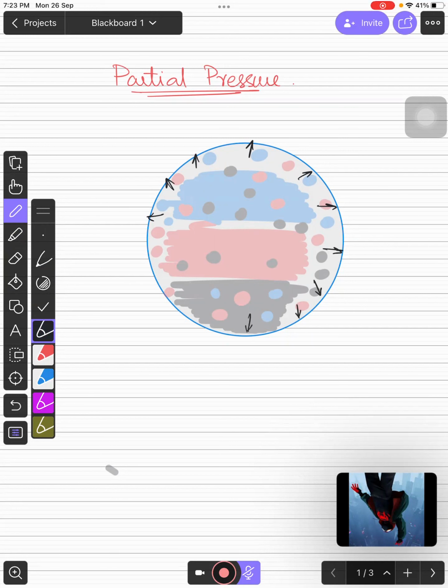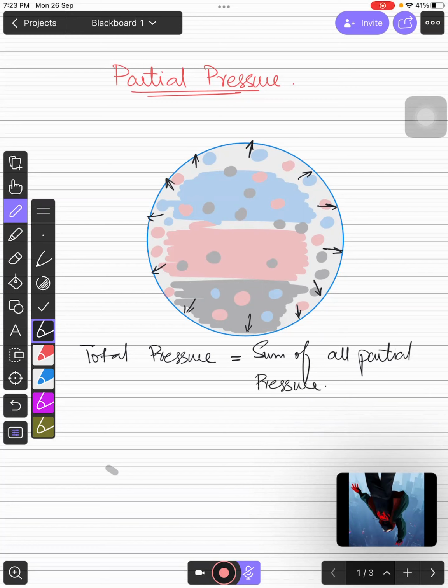Whatever the total pressure of the container is, it is actually the sum of all partial pressures, and the partial pressures are actually the pressure from each gas.